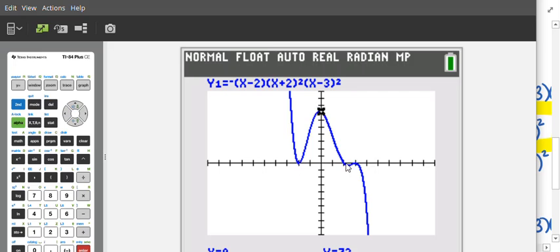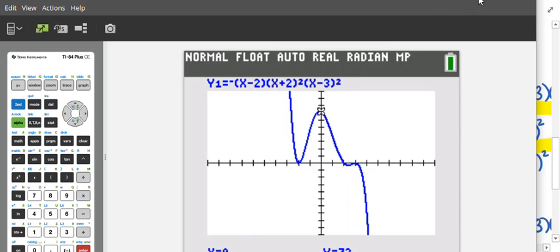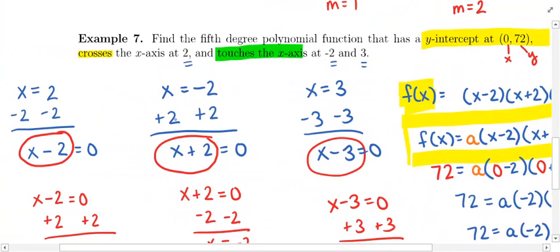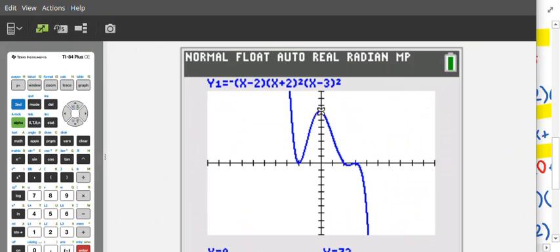And then at 3 we're touching at that x-intercept. The other x-intercept was +2, and according to our verbal description, at +2 we should be crossing there, and we are. So it looks like we have indeed come up with the correct equation for our polynomial.